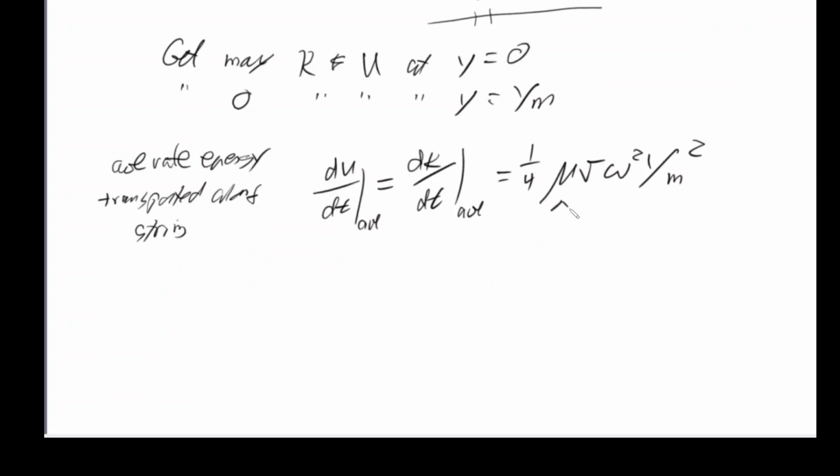And in this case, v is the transverse speed of the oscillation of the string element. And again, that's the element going perpendicular to the motion.